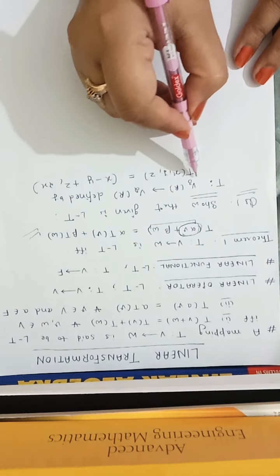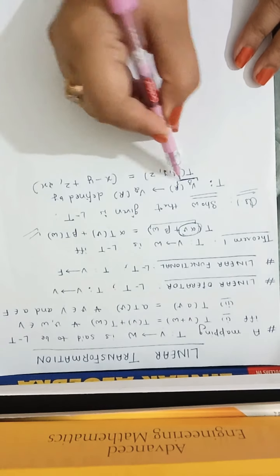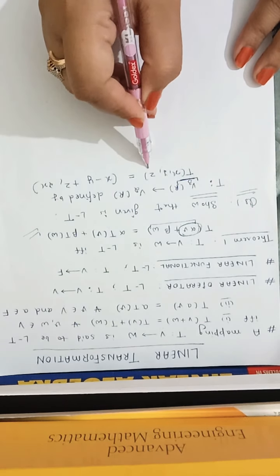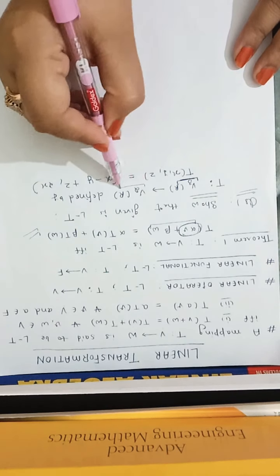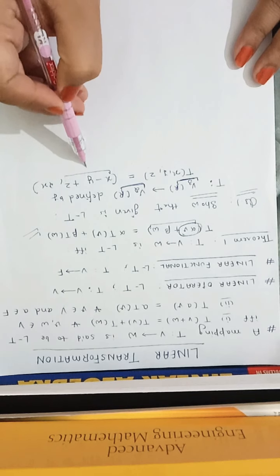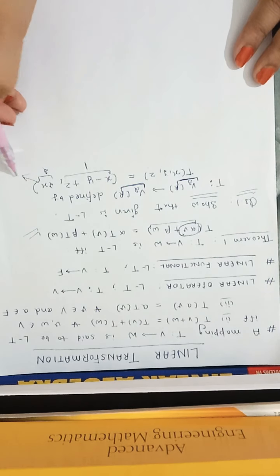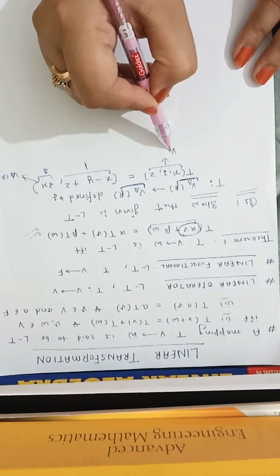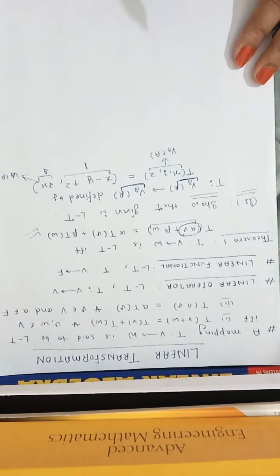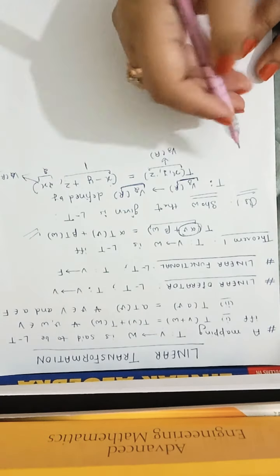Students, clearly any element of the domain is a 3-tuple, that is x, y, z, and the range is a 2-tuple, that is x minus y plus z is one element, 2x is your second element. That means this belongs to V2(R) and this belongs to V3(R). Now we have to show this is a linear transformation.